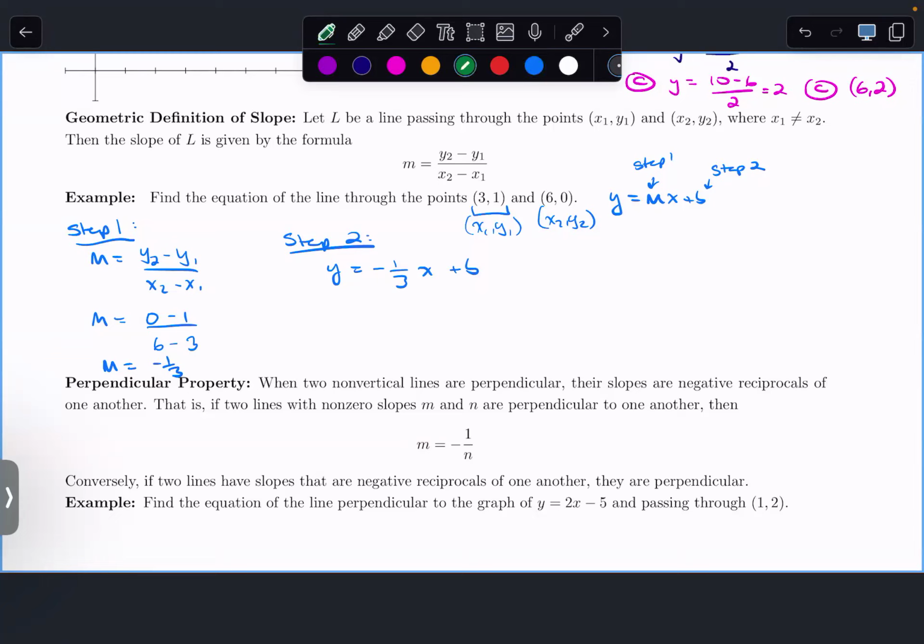So here, use either point to solve for b. Let's use the first point, why not? X is 3, y is 1. So then I have 1 is equal to negative 1 over 3 times 3 plus b. Then I can solve for b. Negative 1 over 3 times 3 is negative 1. So b must be 2.